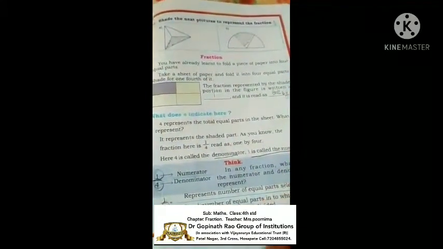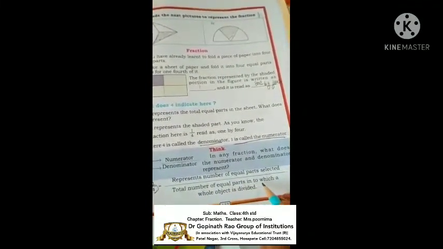How many parts have been made from a figure, that is, the total number of equal parts into which a whole object is divided. This is very important, children. Mark it with a star. You have to keep it in mind, it is always very useful to you.